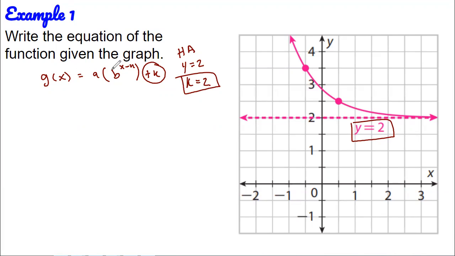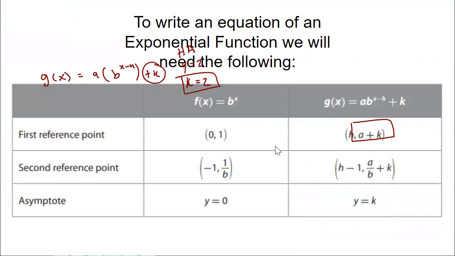We need an a, we need to figure out what our b is and what our h is. Now, in the new table that I just gave you, the references, how do we find the value of our first reference point? Do we have the asymptote at y equals 0? No, we have it at y equals a value. So we're going to use this side of the table. Our first reference point is going to be at h and a plus k.